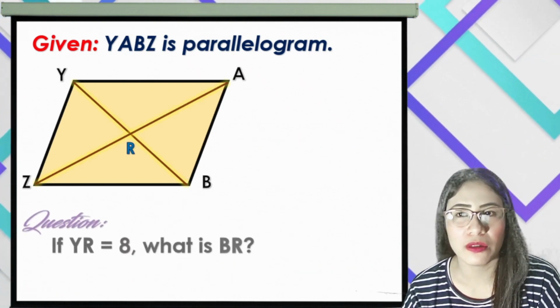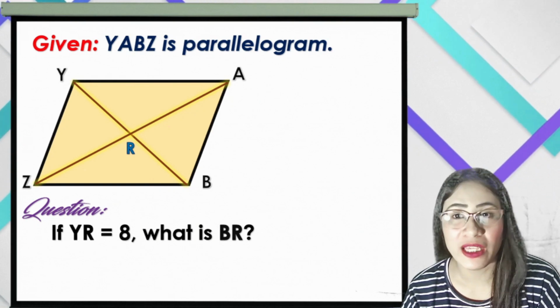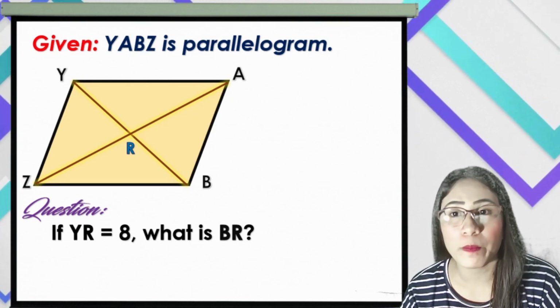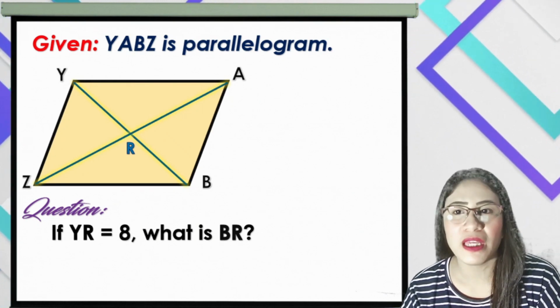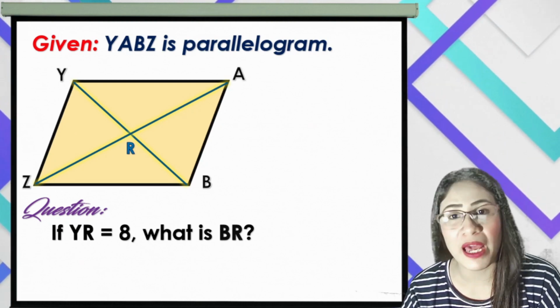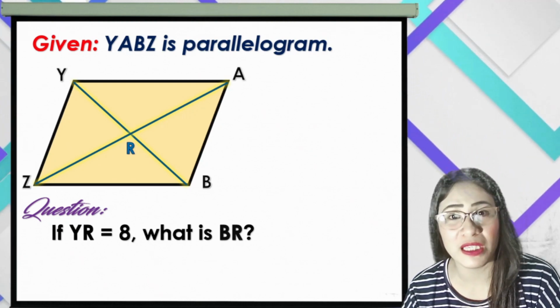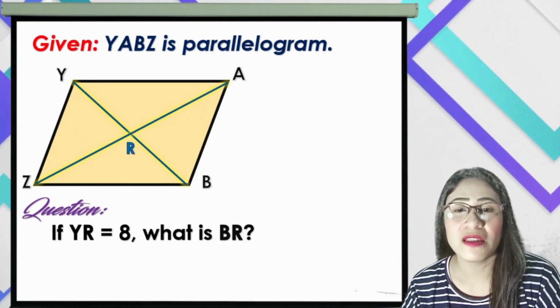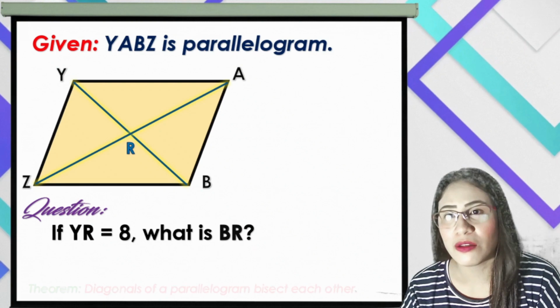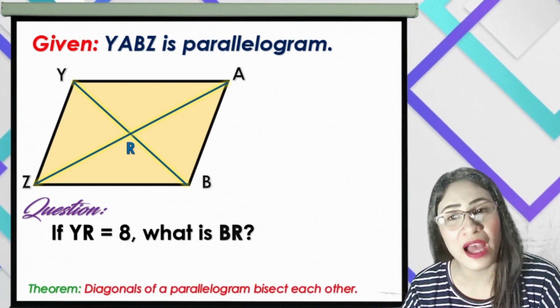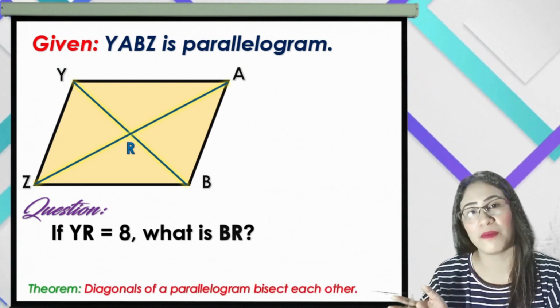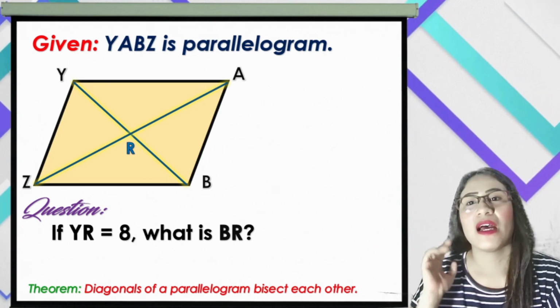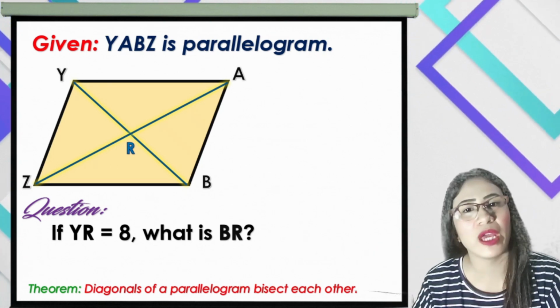Another question. If YR is 8, what is the measurement of BR? YB and ZA are the diagonals of parallelogram YABZ, and they intersect at point R. Since they are the diagonals, they bisect each other. When we say bisect, it divides the segment into two congruent measurements.